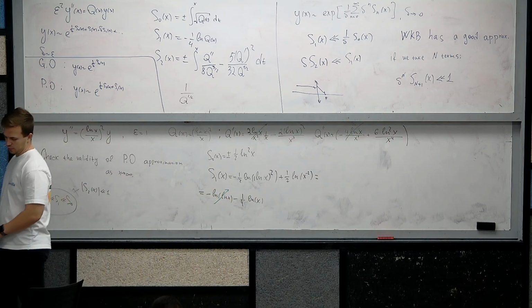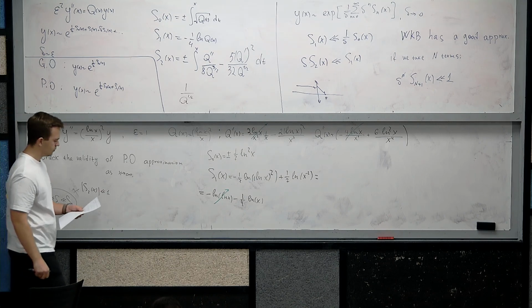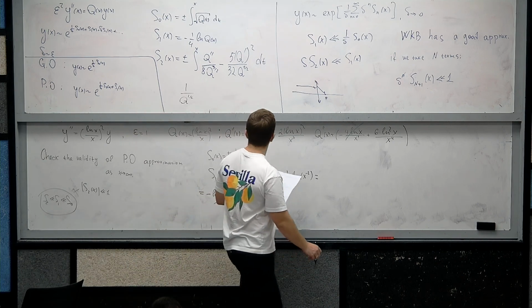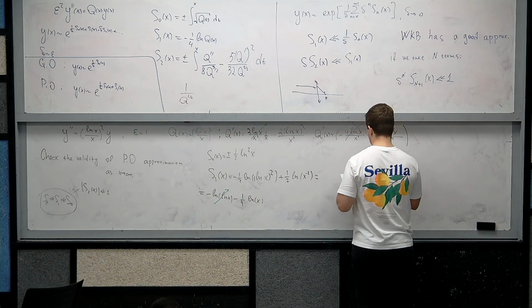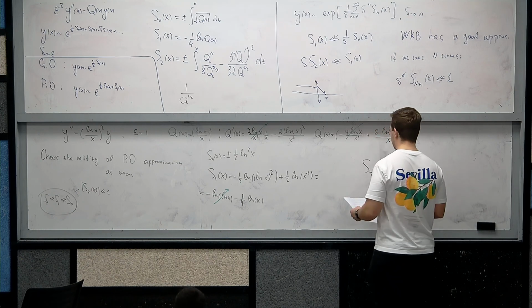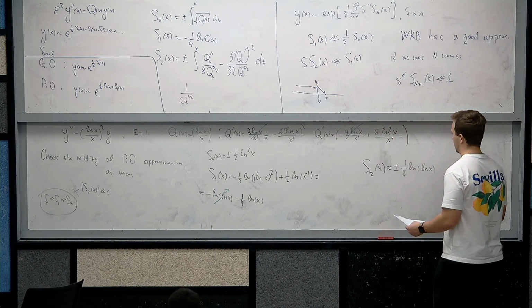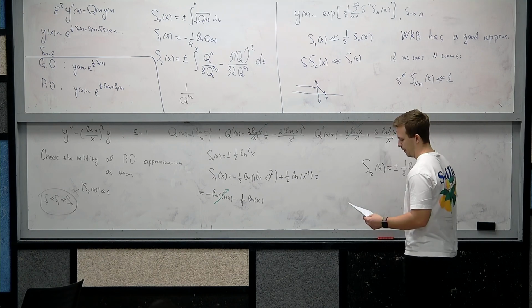Then we need to plug in all of this to the integral for S2. And eventually we'll have plus minus 1 over 8 ln of x, again in the leading order. I neglected all the terms that are small compared to this one.